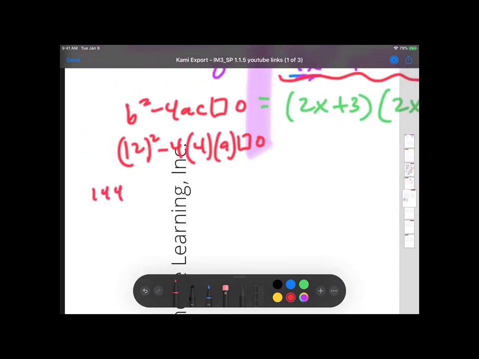So 144, negative 36 times 9 gives me negative 324. And if you add that to 144, I'm going to get negative 180. Negative 180 is less than 0, so we're going to have no real solutions. What does that mean? Graphs will not intersect.